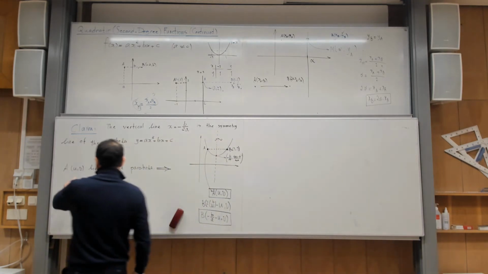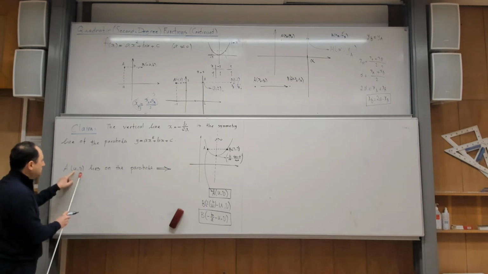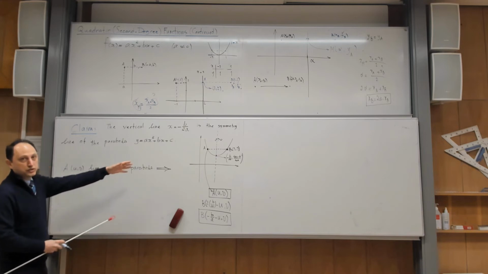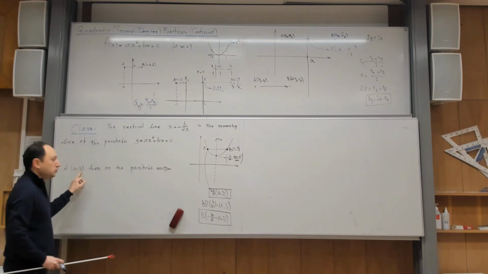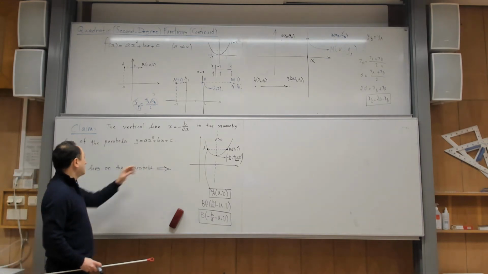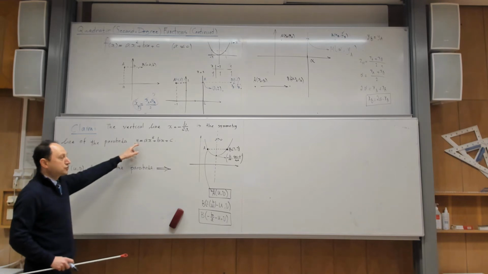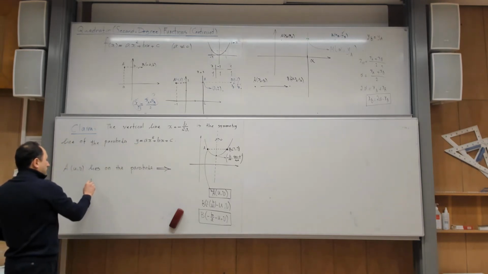Okay, so now what happens? Because this point lies on the parabola, I myself chose it there. So it means that if I replace y with the y coordinate and replace x with the x coordinate, this becomes a true equality. So instead of y, I put v.